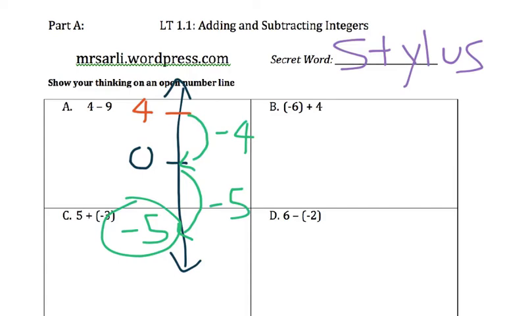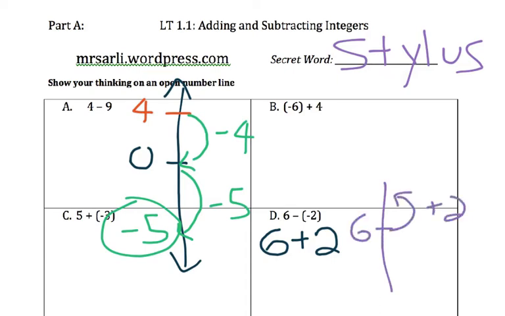So really, this problem, even though it's subtraction, is going to go up 2. And an equivalent expression would be 6 plus 2. And this problem would start at 6, go up 2, and would land at 8. Whole finger stylus.